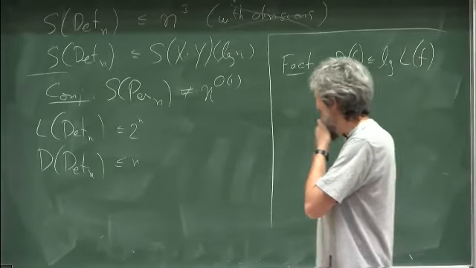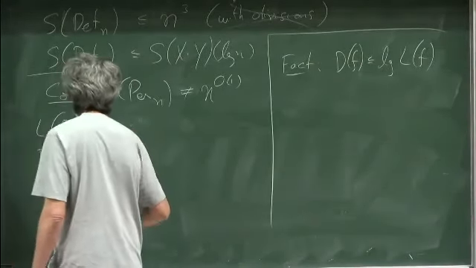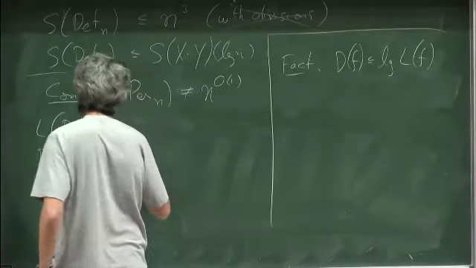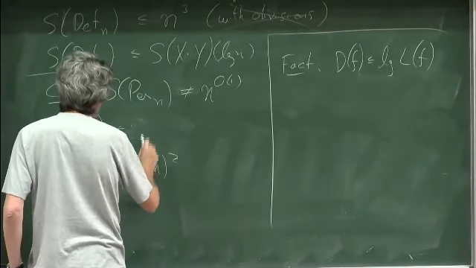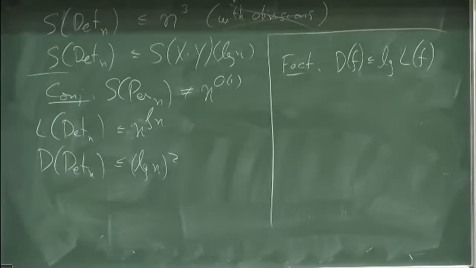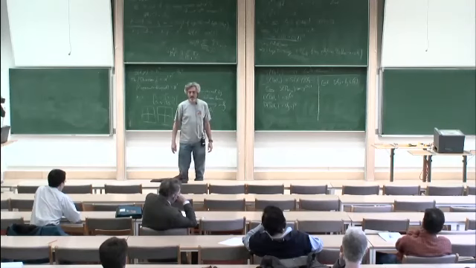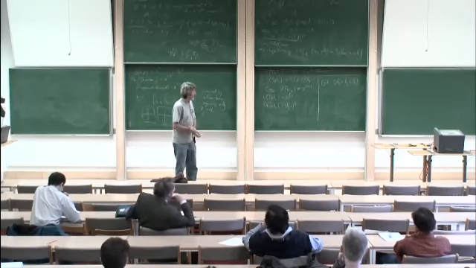But the following can be done. It turns out that you can do much better. There is a sort of parallel algorithm for determinant. You can compute the determinant in a parallel way.